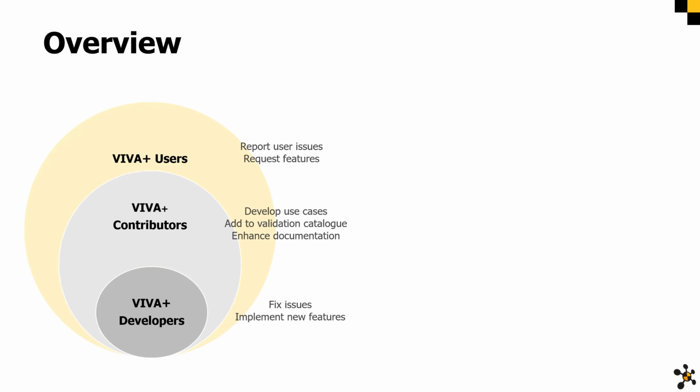These are just examples of how you can be part of the Viva Plus community. Some of the things we are going to look at today: how you can be part of the conversation. We'll be looking at GitLab issues, a really powerful tool to coordinate development and conversation.